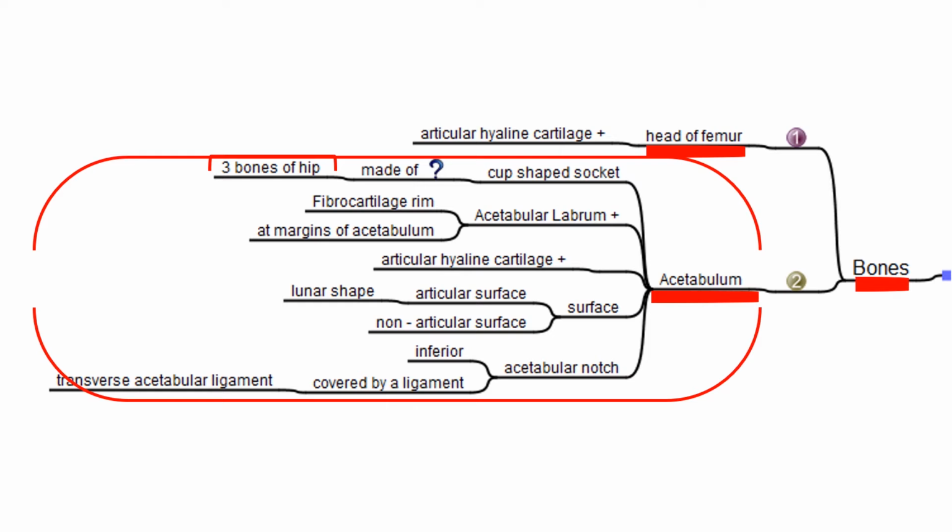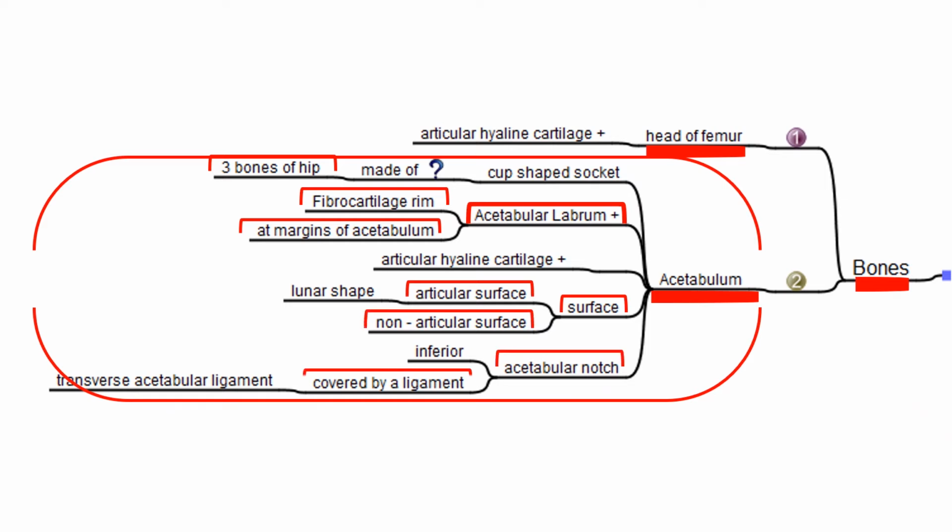It has an addition to its depth by the acetabular labrum, just like the glenoid cavity. This acetabular labrum is made of fibrocartilage, and you can find it at the margins of the acetabulum.